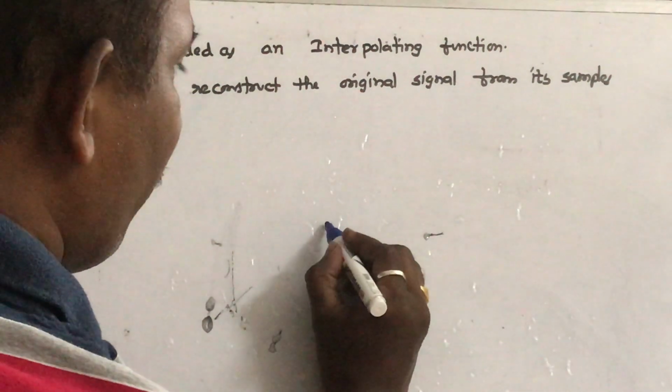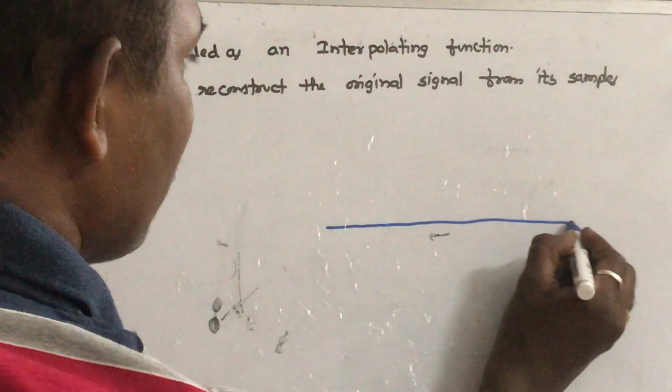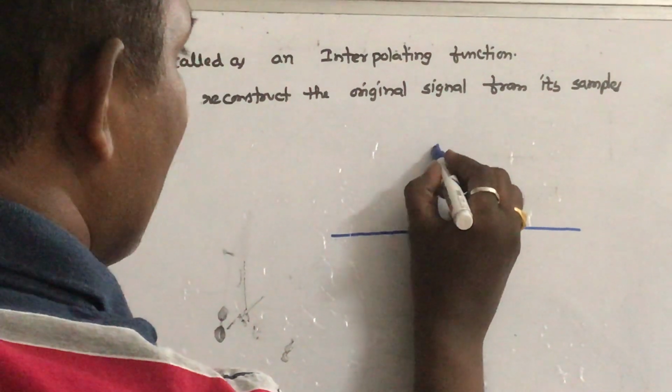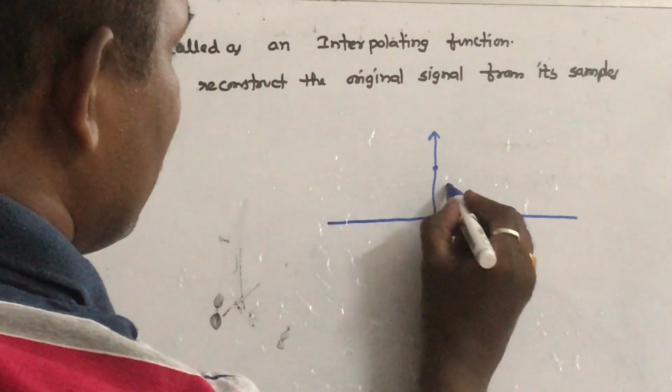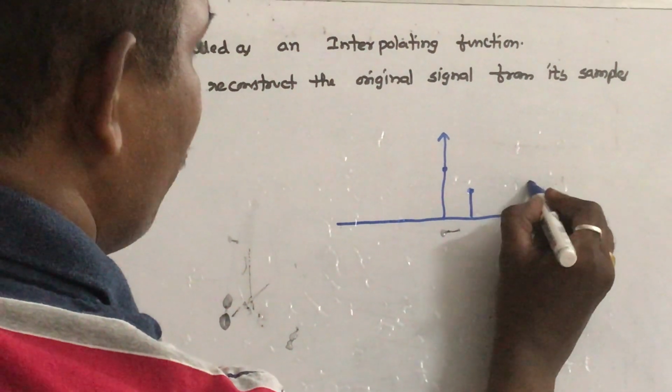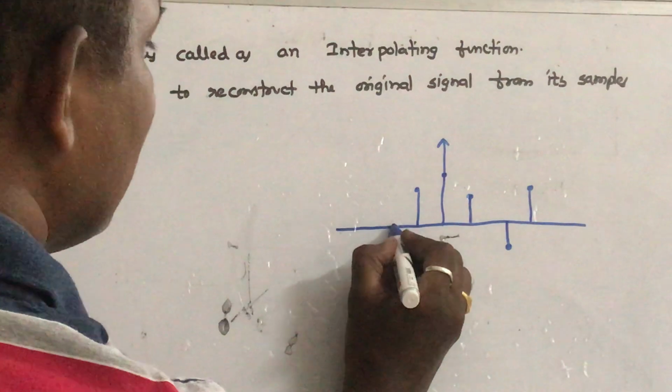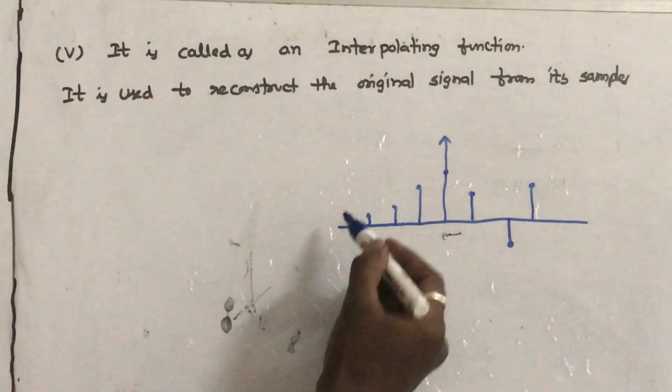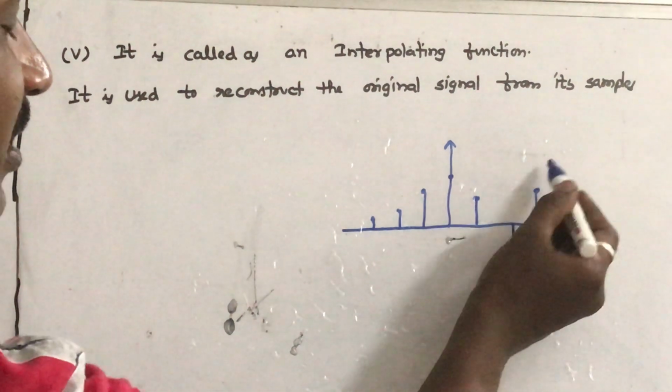Meanwhile, remember that, for example, if you take the samples of a signal, one sample is like this, another sample is like this, another like this, something like this. How do we reconstruct the original signal from these samples?